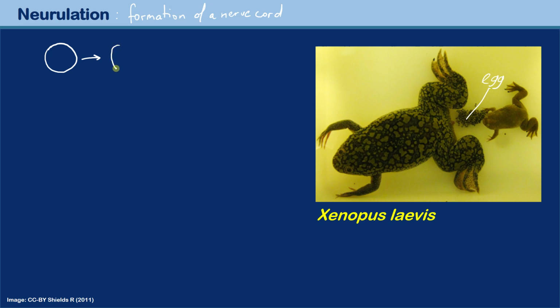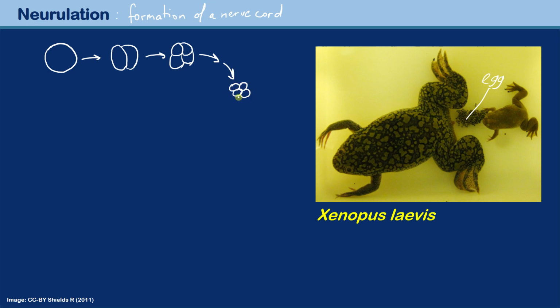So we have 2 cells, but the overall size pretty much stays the same. We then have 4 cells. Bad drawing, but you get the idea. The overall size stays the same until, after several divisions, we have a ball of cells.